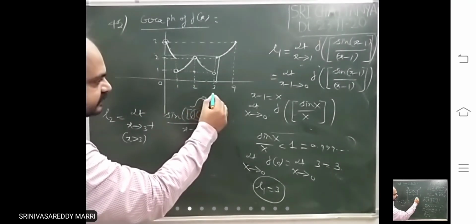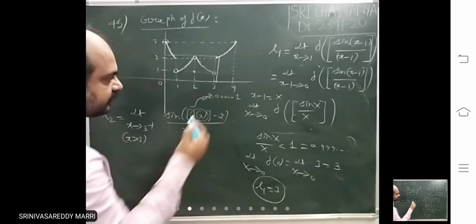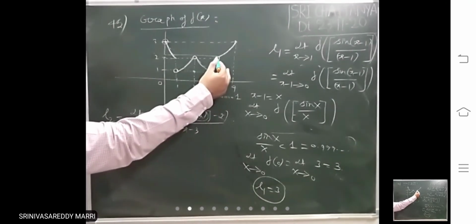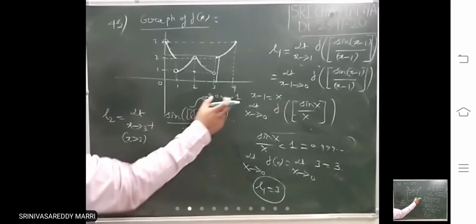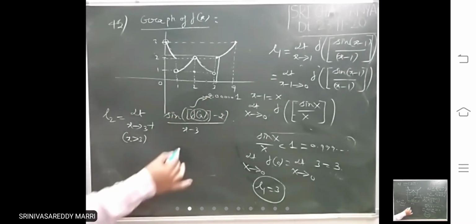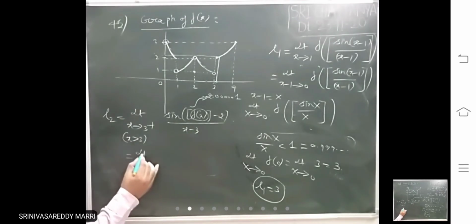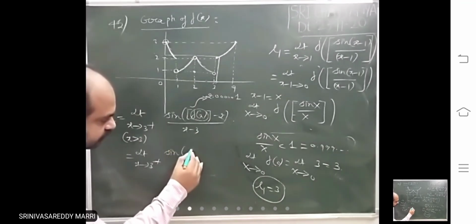Whatever is possible, that is close to 2, like 2.0001. That means this is nothing but 2.